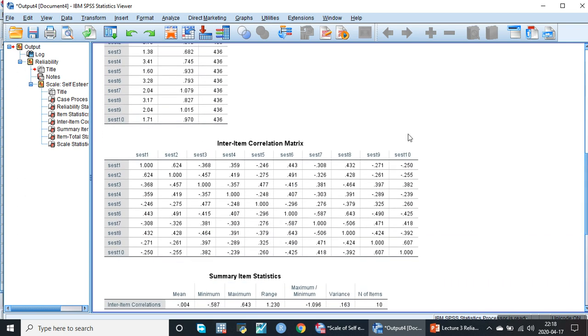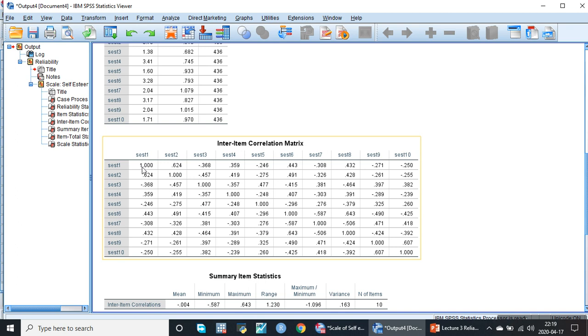This is the most important table, the inter-item correlation matrix. Here we see the negative sign; all of these item correlations should be positive and their values should be high, and the average value of inter-item correlation is actually the value of the Cronbach alpha. So here we see mostly negative signs. It means that there is something wrong with the questions.